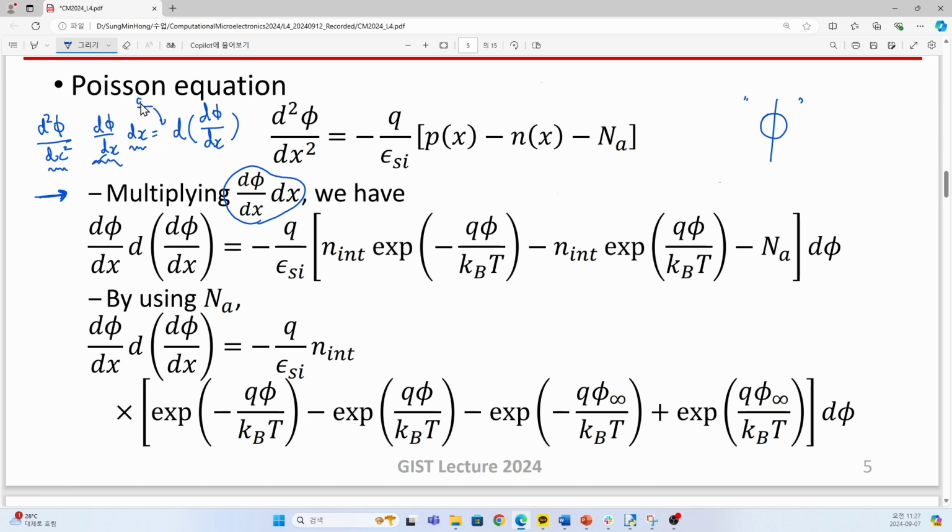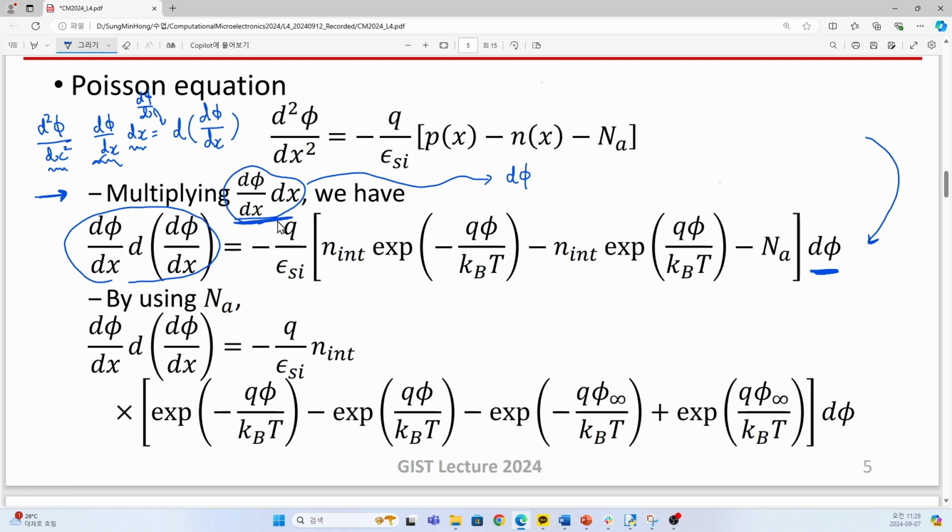Yes, this is d phi over dx, that is shown here. And how about the right hand side? Also this one can be just treated as a d phi, and you can see that here we have a d phi. So although it looks complicated, this is nothing but the Poisson equation multiplied by this simple factor.